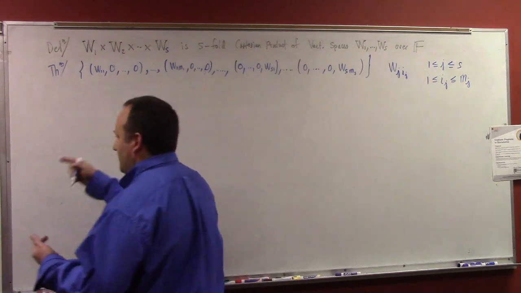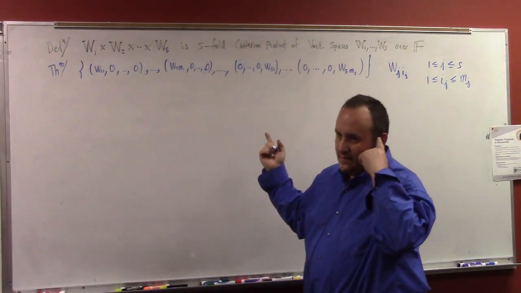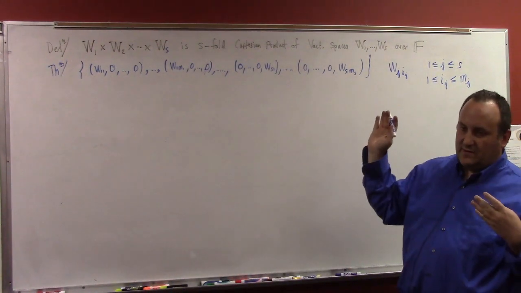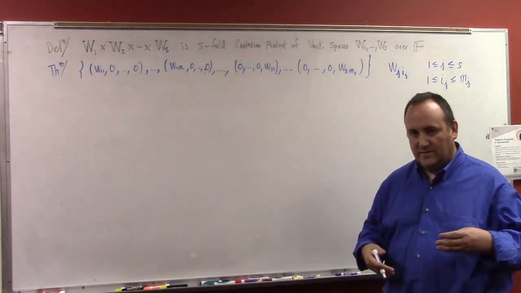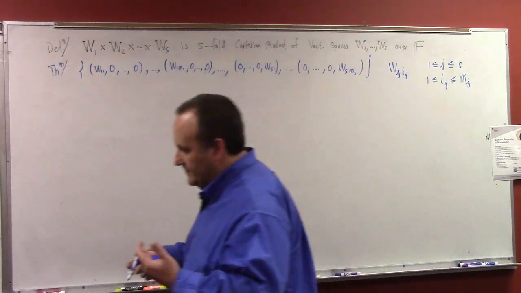My point is, if you can do it for 2, you can do it for S. And so you see that the dimension of the Cartesian product of S subspaces is the sum of the dimensions, right? All right.